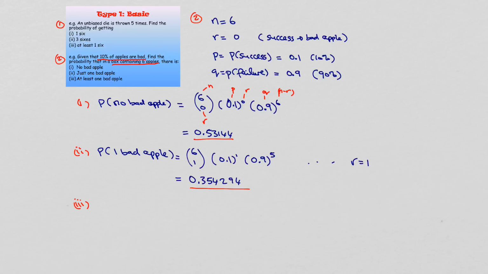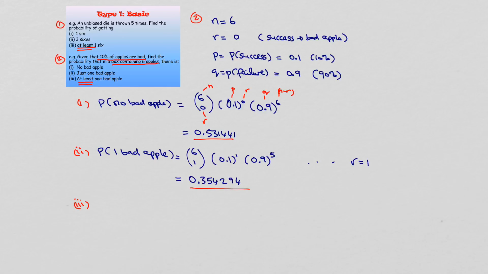Okay, so the last one then is at least one bad apple. So again, keyword coming up there is at least one, same as in the first example where we had at least 1 6. So again, at least one bad apple means we could get 1 bad apple, 2 bad apples, 3 bad apples.